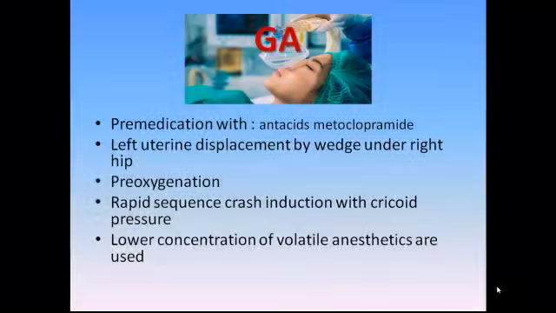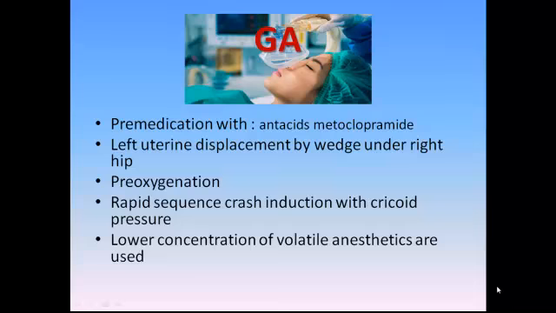Now, what about the GA, general anesthesia? We should keep in mind that we should give premedication with antacid and metoclopramide. Left uterine displacement, as we have said before. Pre-oxygenation is very important because the pregnant woman rapidly uses oxygen and rapidly desaturates.